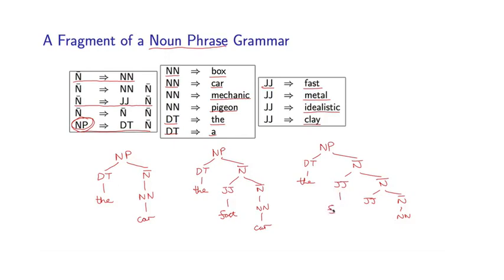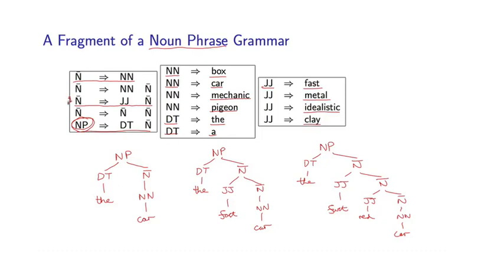And so I can have things like the fast red car. Okay, and you can see how you could repeatedly apply this adjective rule so you can get multiple adjectives before a noun which are all modifiers to that noun. Okay, so that's an example of how we can use this rule here.